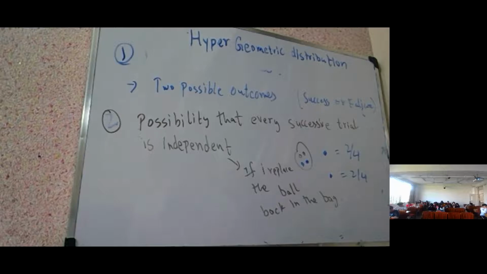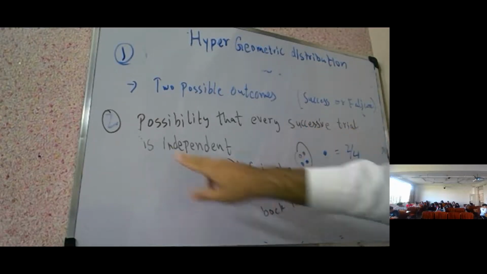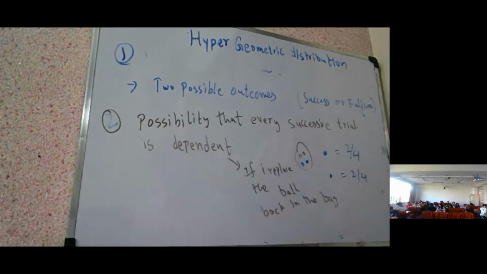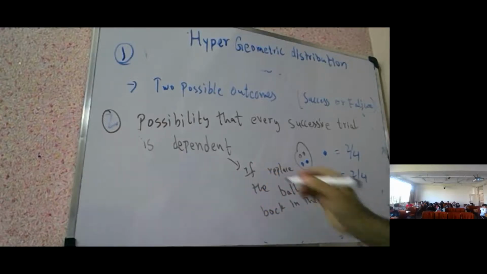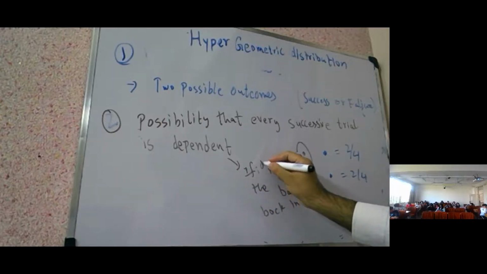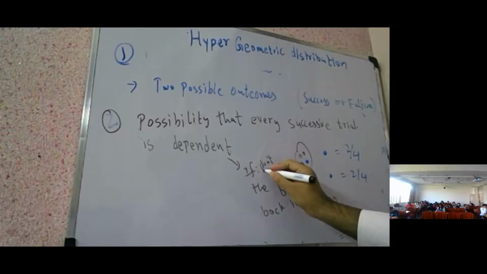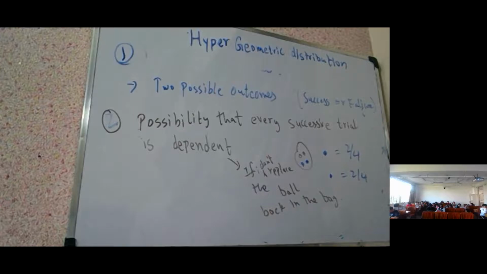Now, if every successive trial is dependent, that means when I pick the first ball, I don't replace it. If I don't replace the ball back in the bag, then the first time the probability of a blue ball is 2 by 4.